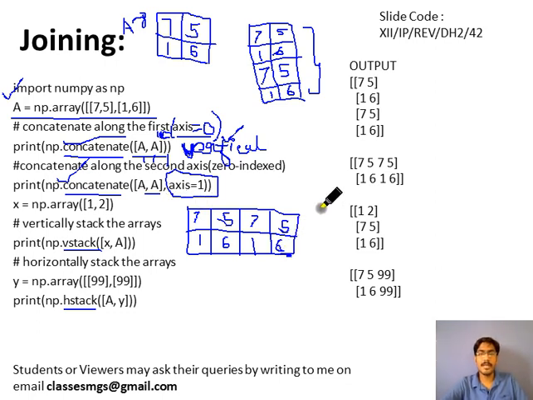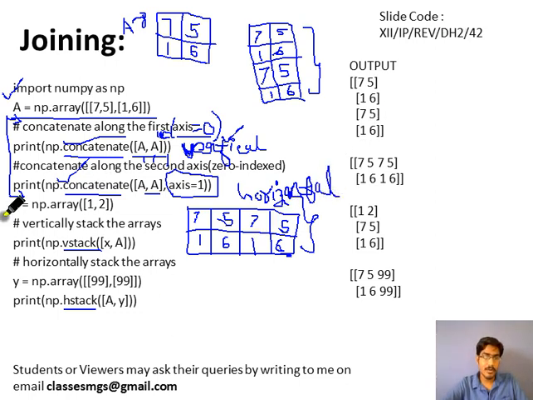So this array will look like this. Okay, now we will see another example. This is another way of joining the arrays with the concatenate method. You can perform both horizontal and vertical join with the help of the concatenate method by passing the axis argument, by passing axis equals to 1 or 0. So keep this in mind.